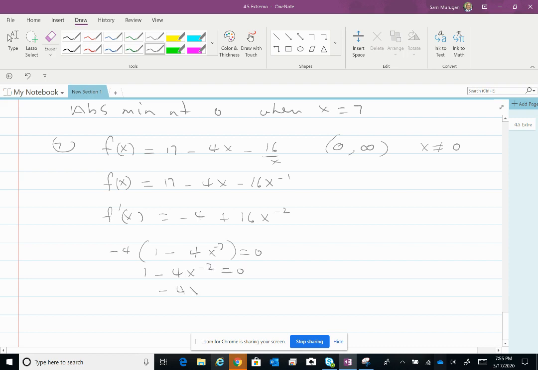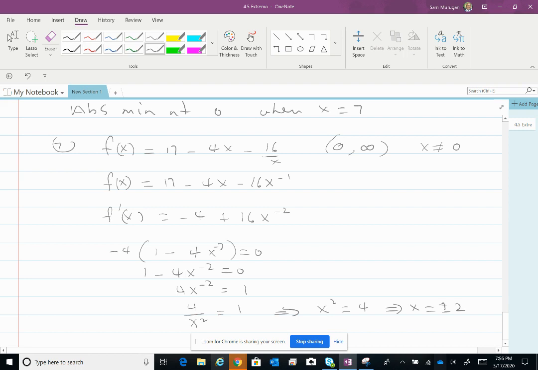So negative 4x to the power negative 2 is equal to negative 1. Right, if we move the 1 to both sides, this would be positive. So this means that 4 over x squared is equal to 1. So x squared is equal to 4. So x is equal to plus or minus 2.